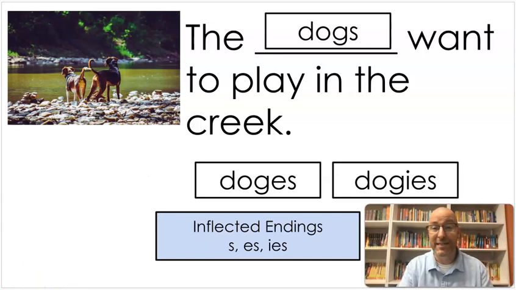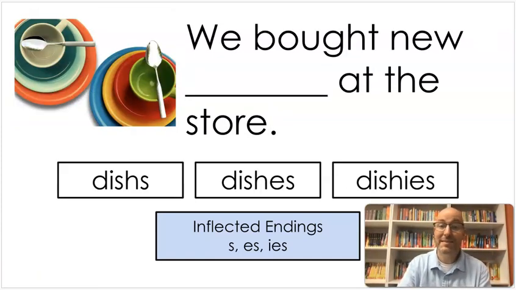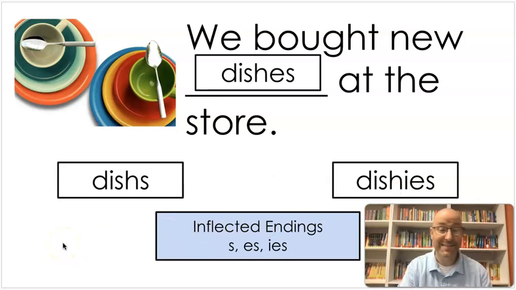If you said dogs, you're correct. Next, we bought new blank at the store. Dish. Shh, I hear a hiss. Dishes. Which one of those will we do? S, ES, or IES? ES is correct. Very good.